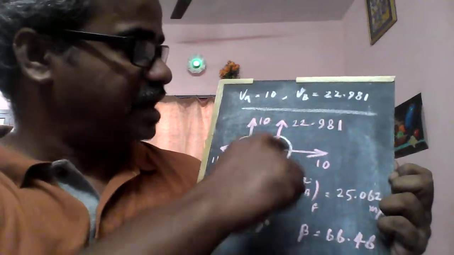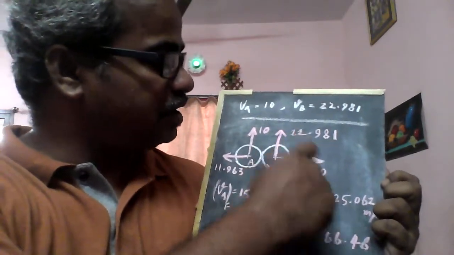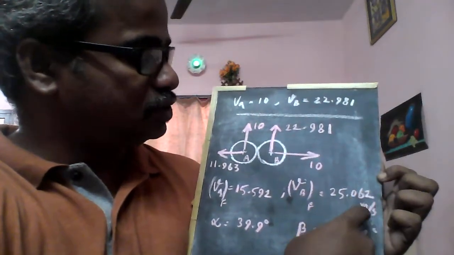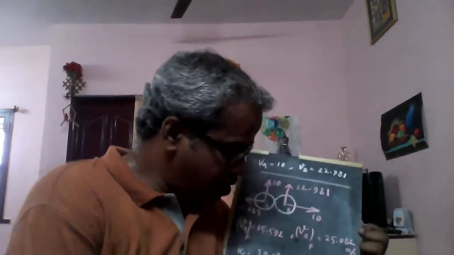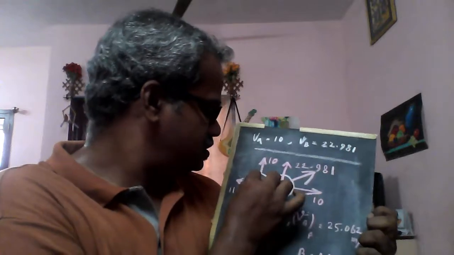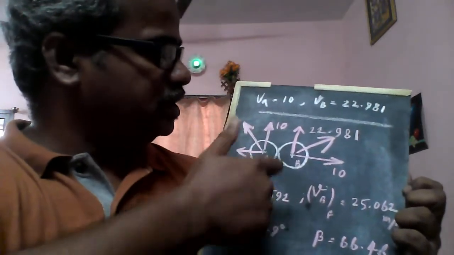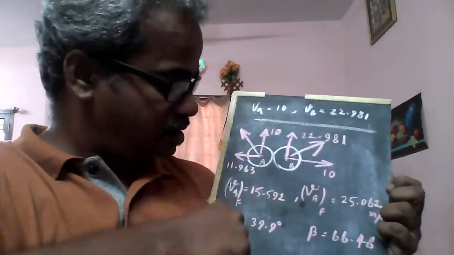Similarly, taking the squares of the other ball's components, summing and taking the square root gives 25.062 meter per second, in the other direction. After collision, the balls will be moving in this way.